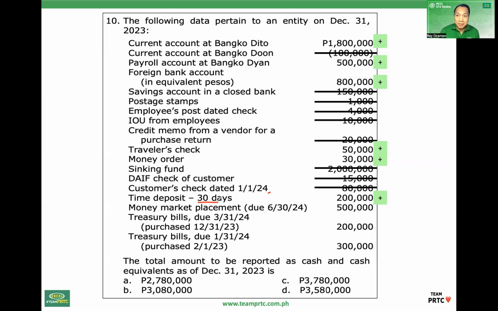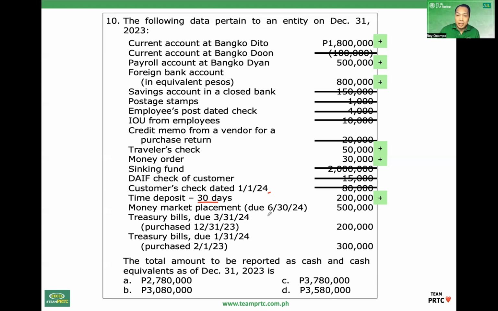If more than 3 months, report it as investment, because technically a time deposit is an investment of excess cash. If more than 3 months but not more than 1 year, short term investment. More than 1 year, long term. But it is not cash, and it can be considered a cash equivalent only if not more than 3 months.